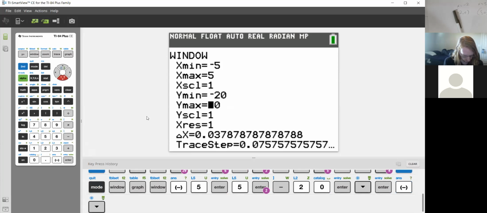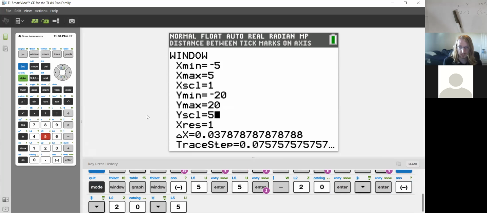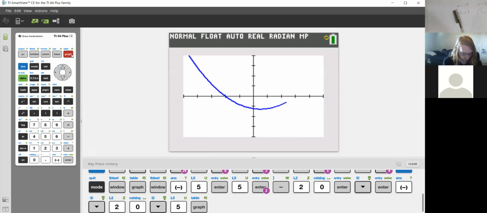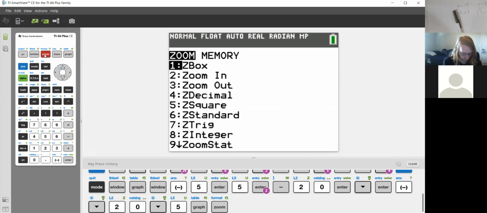We can change the scale even if you want to go by 5s instead of 1. The window gives you your min, your max, and your scale. So this is going to be really wide up and down, really narrow left and right. Same graph. If you want to go back to -10 to 10, Zoom 6 is the Zoom standard.